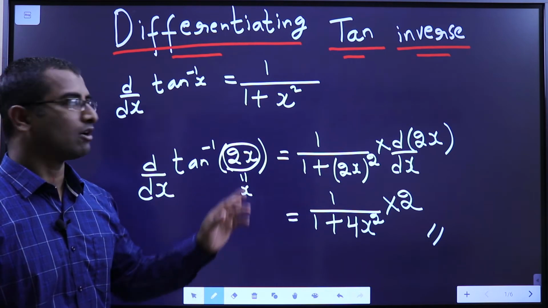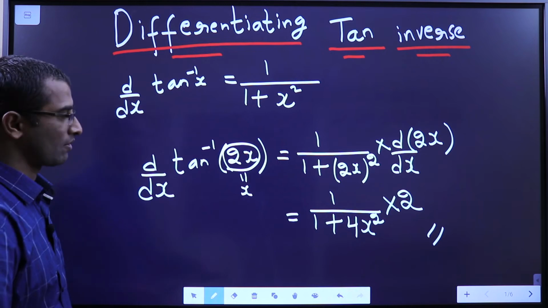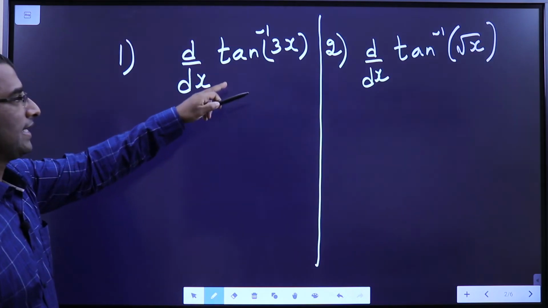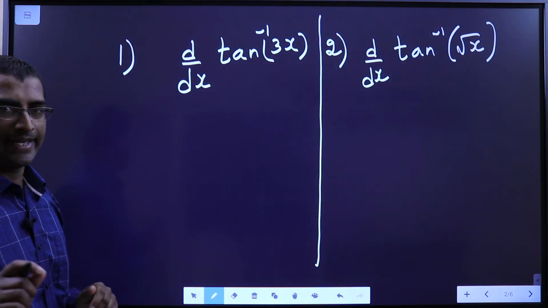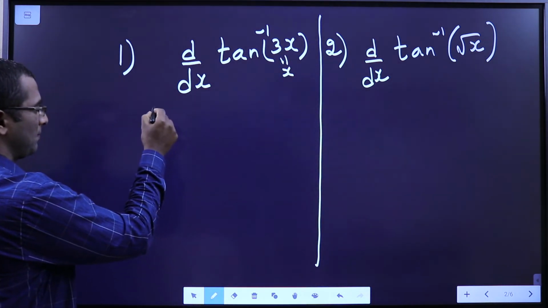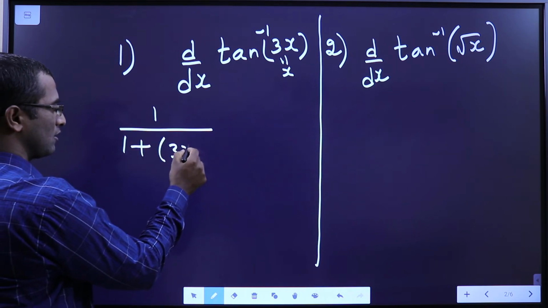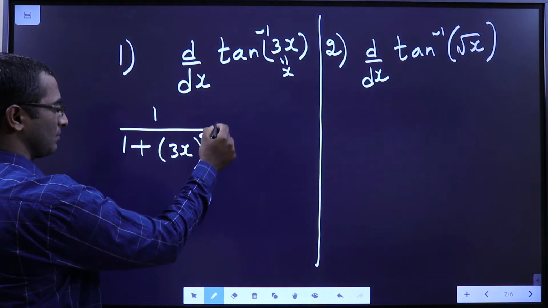Let us see sums on applying this formula. If I want to differentiate d by dx of tan inverse 3x, I assume it to be x. I apply the formula 1 by 1 plus x square. In place of x, I have 3x.